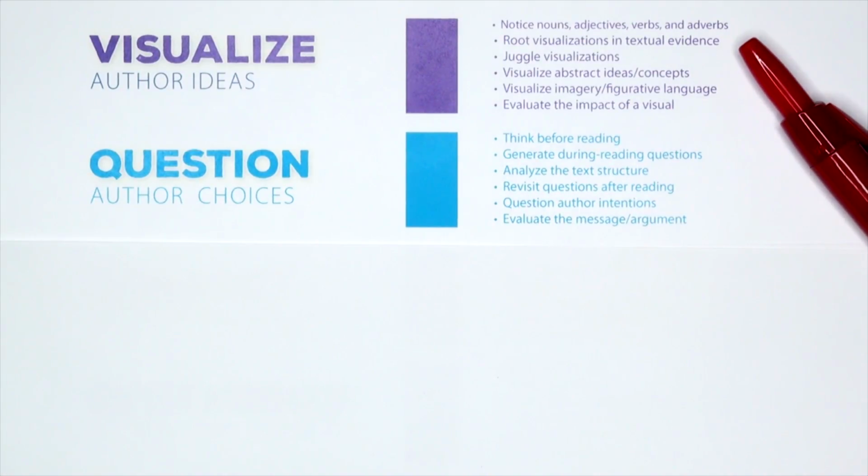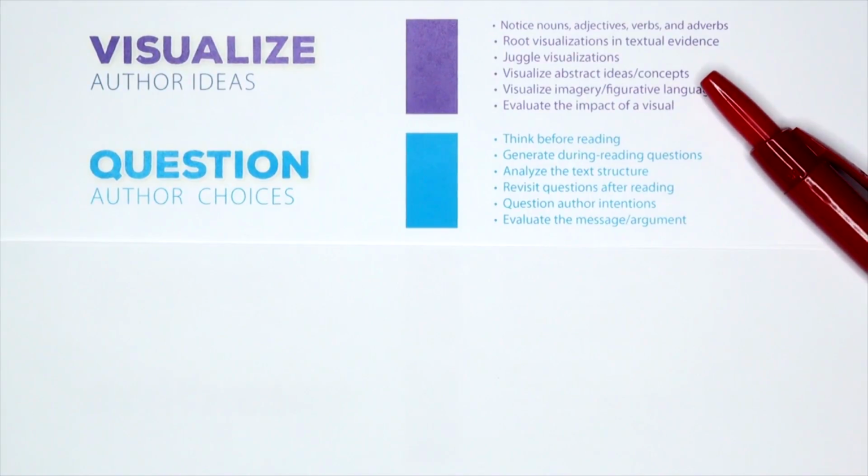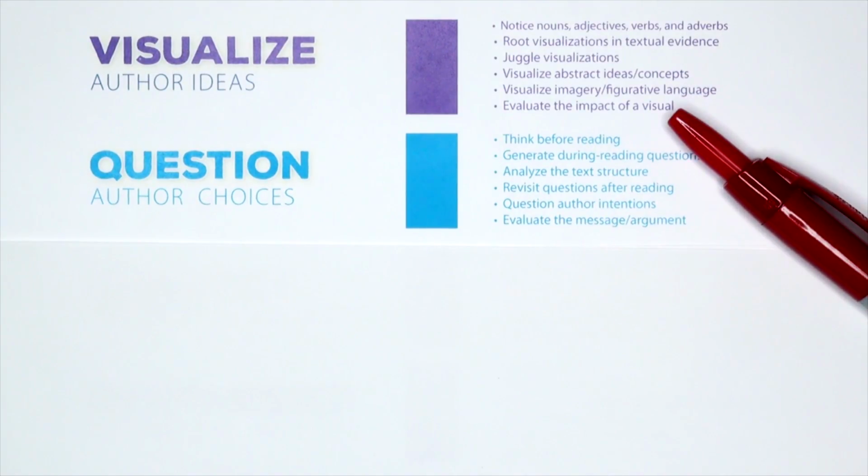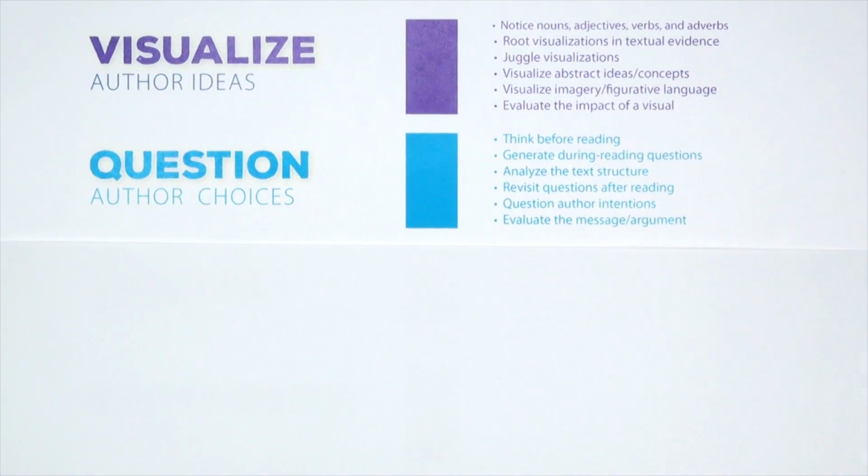After students know how to create visualizations based on nouns, adjectives, verbs, and adverbs, then they have to be able to see and juggle numerous pictures in their mind simultaneously. And it's not always something that is literal or concrete that they create a picture for. Sometimes it's imagery or figurative language.